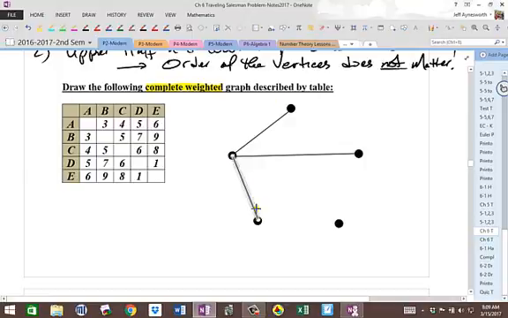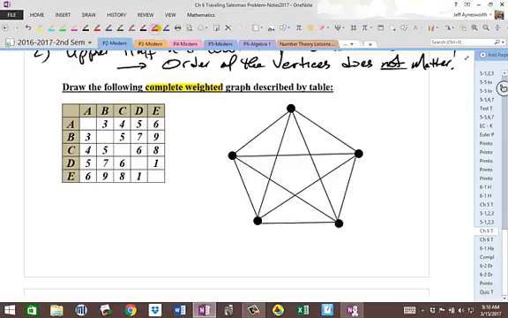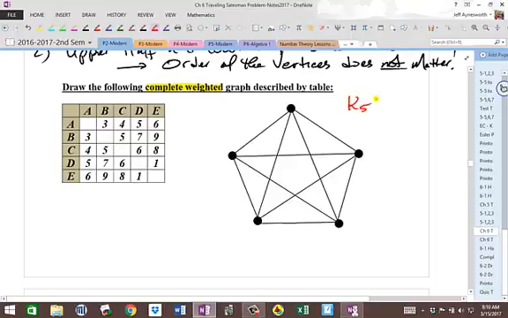So we're going to connect every vertex with every other vertex. There's 4 edges, and then we have to connect another 3, and then another 2, and then 1. Okay, you're looking at a complete weighted graph, which we call K5 because it has 5 vertices. So this is K5. Now let's fill in the weights of the edges.